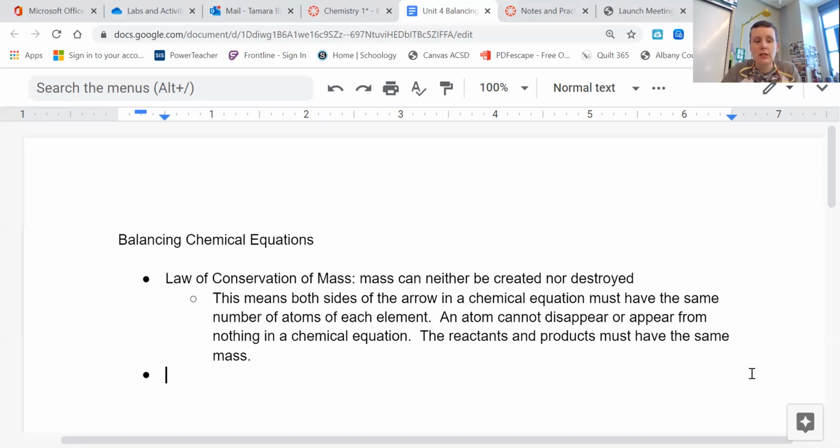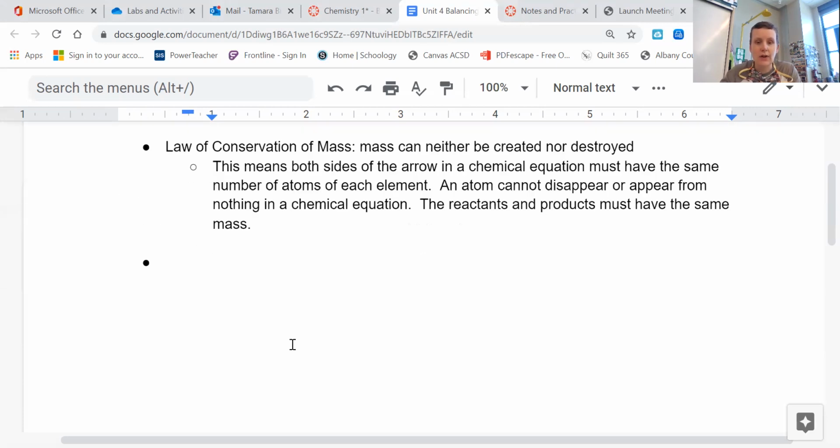Okay, here's what we're going to be doing in words, to satisfy that law of conservation of mass. Balancing chemical equations. You are going to use coefficients.